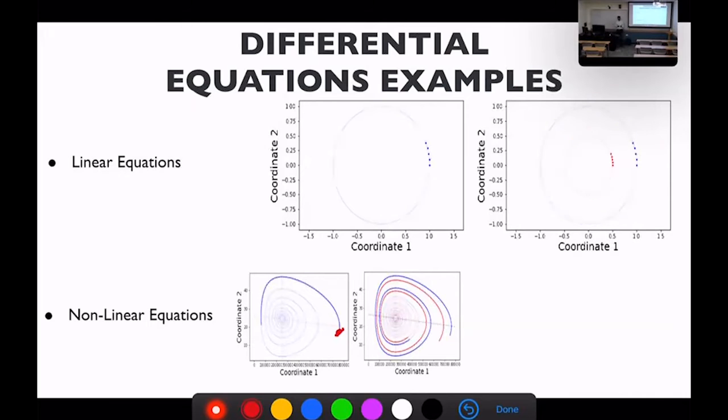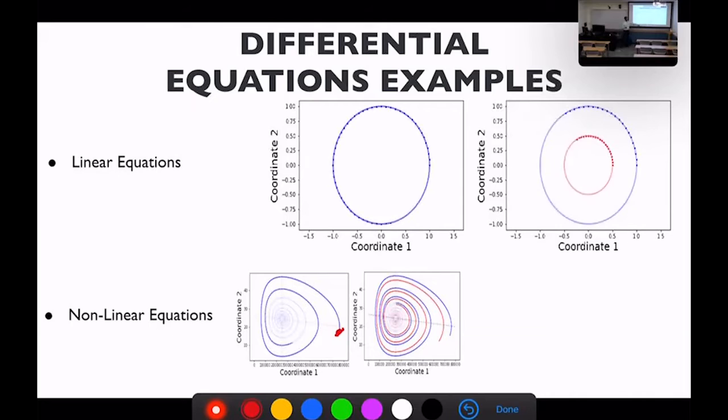But why is it nonlinear? Well, if you have two points that are close to each other, they go to the same fixed point, converging to the same point. In the case of the circle, the fixed point was just the origin.